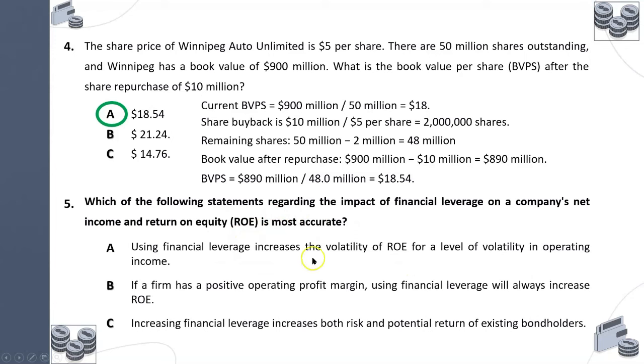Using financial leverage increases the volatility of return on equity for the level of volatility in operating income. What does that mean? It means that if we have huge debt, that means we have huge fixed financial cost, not operating cost.